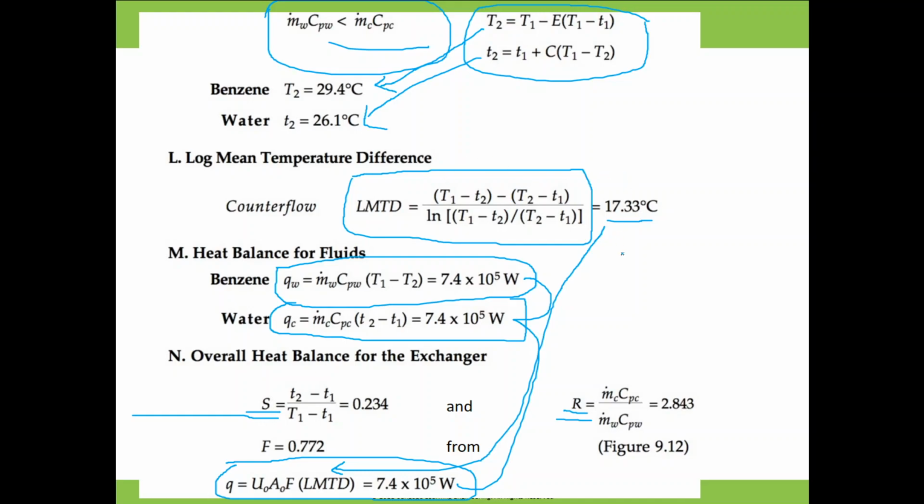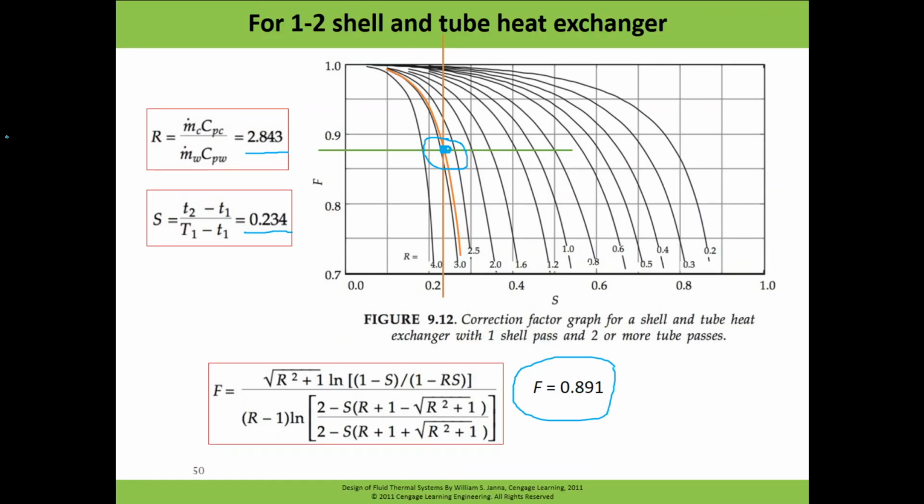After having all these things, we can equate the rate of heat loss by the warm fluid to the rate of heat gain by the cool fluid. This can also be calculated with the help of heat exchanger parameters like correction factor, LMTD, overall heat transfer coefficient, and surface area, and it comes out to be the same.